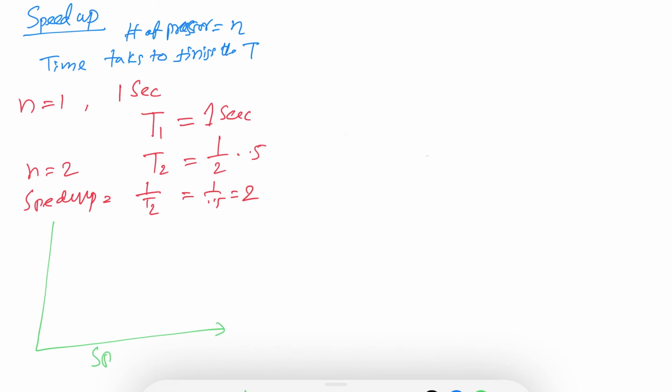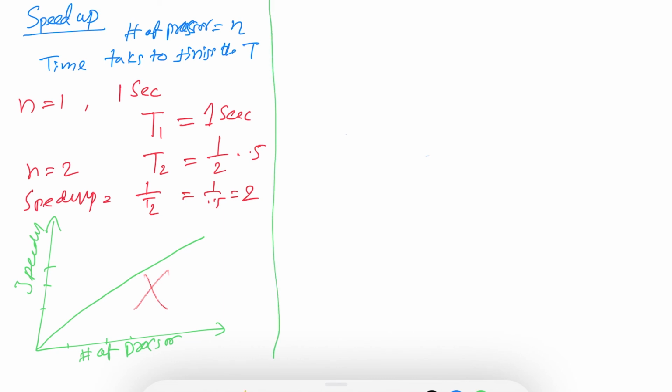Here is the number of processors, and here is the speed up. If the number of processors is increased, the speed up increases linearly. So it could be a line like this. But ideally, it is not possible. So this is defined by Amdahl's law.